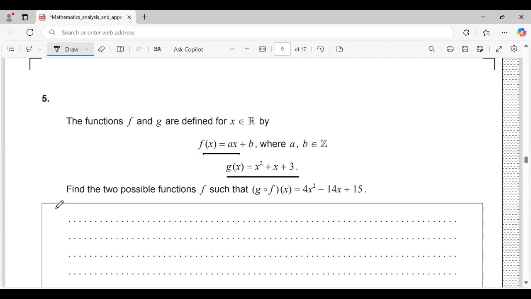Right. So I would like to simplify first, writing g of f of x. It is 4x squared minus 14x plus 15. This is g(x) and this is f(x).